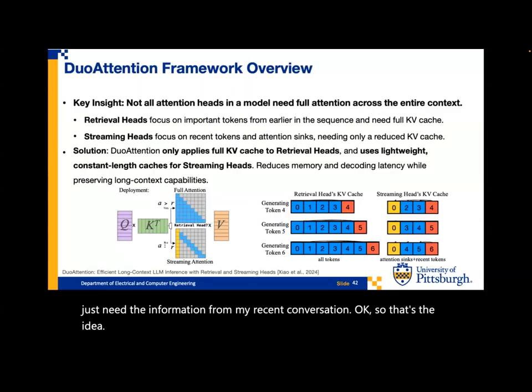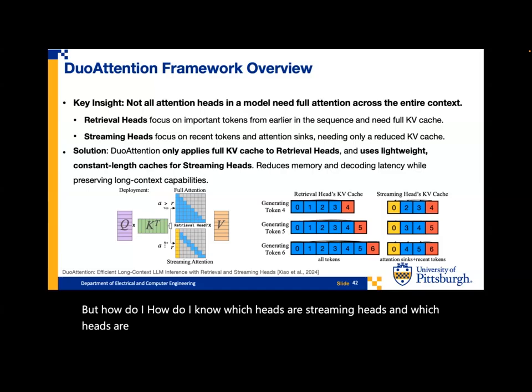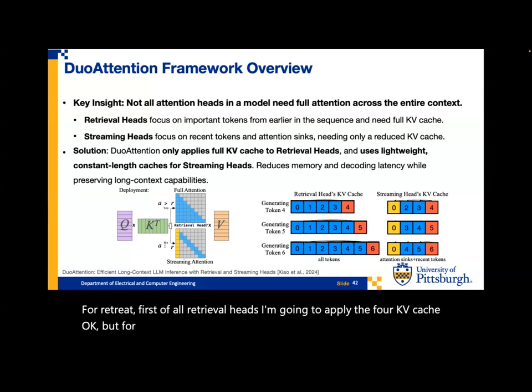But how do I know which heads are streaming heads and which heads are retrieval heads? First, for retrieval heads, I'm going to apply the full KV cache. But for the streaming heads, I'm going to use a lightweight constant-length cache, because I can keep evicting all that middle content, right?